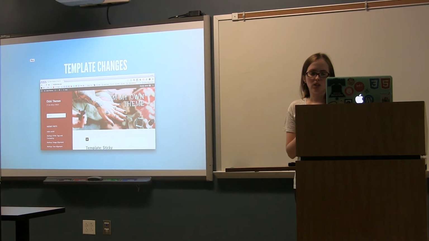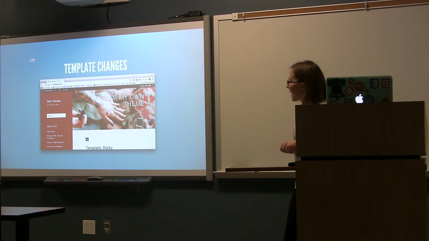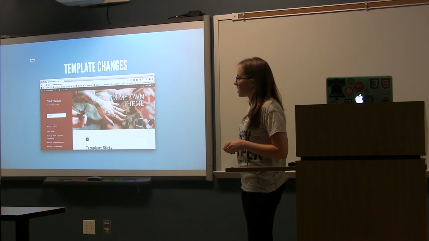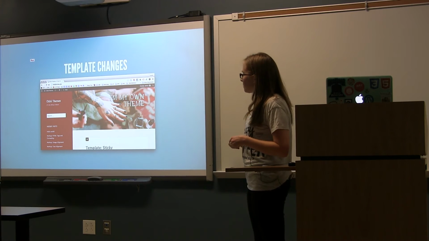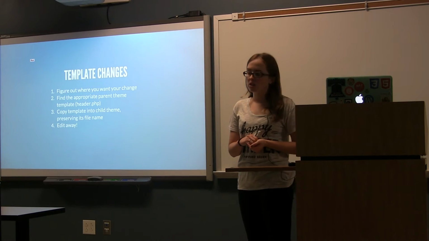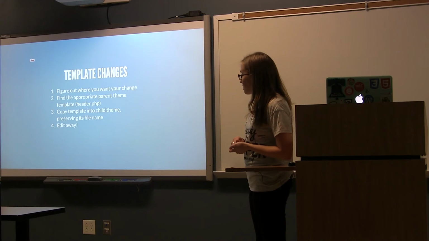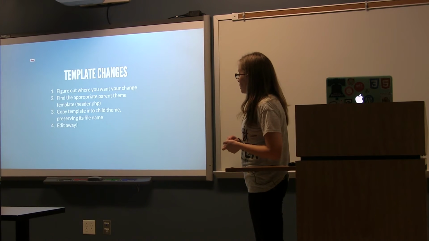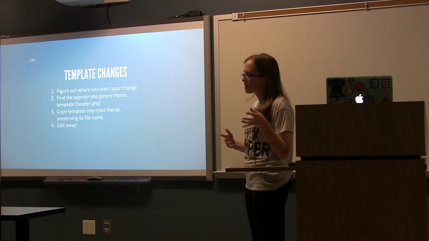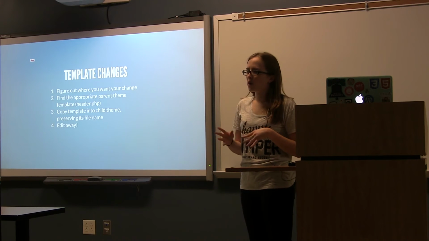Another thing that we can do with child themes is make changes to the templates. In my case, I wanted to add a banner image above the main content column. So I first started by figuring out where I wanted that change. I looked at the templates that came with my parent theme and where I want to put my new code.